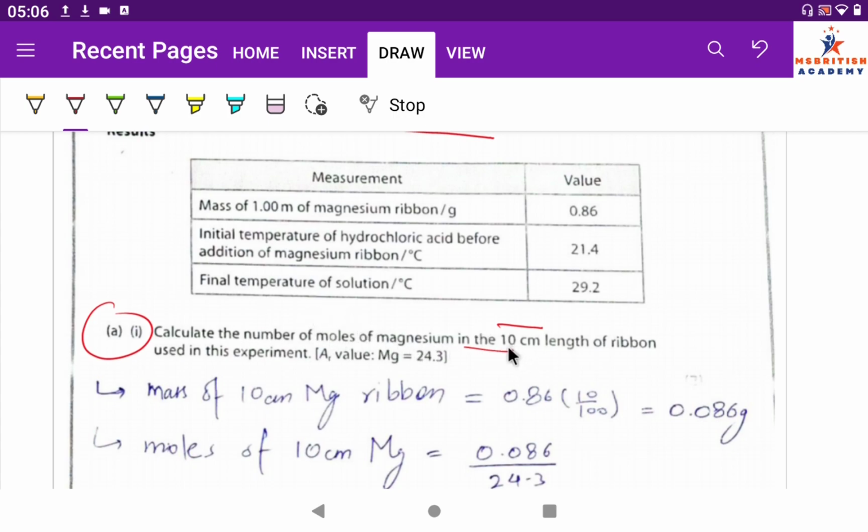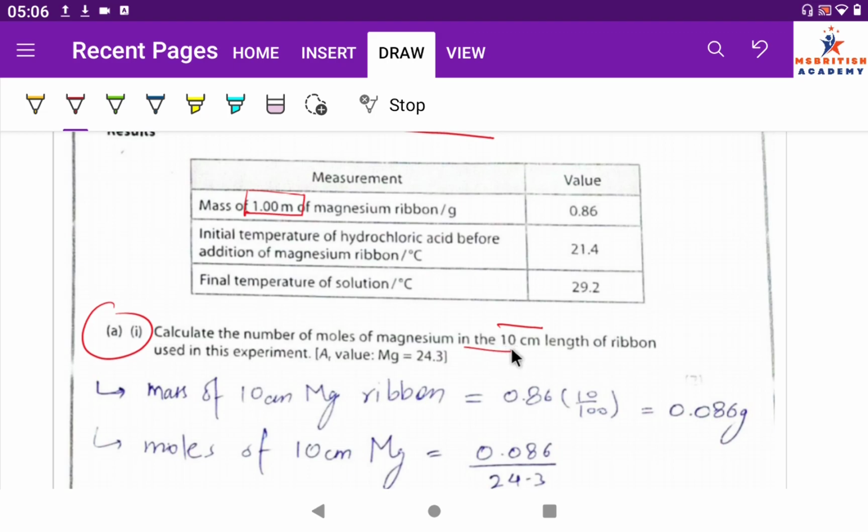So the first question A is calculate the number of moles of magnesium in this much length of ribbon. So if you have a 10 centimeter length of ribbon of magnesium, the mass for 1 meter length is 0.86. So what will be the mass of this much magnesium?